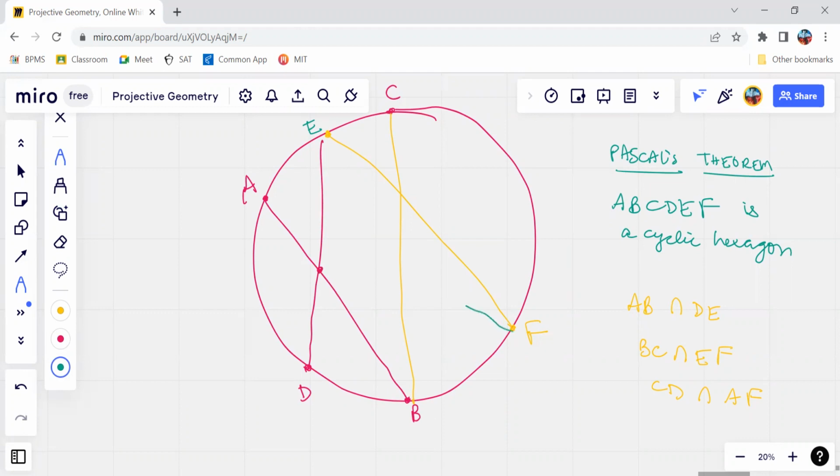You want to say that these 3 points are collinear. Yes, you want to show that these 3 points are collinear. Let's say X, Y, and Z.